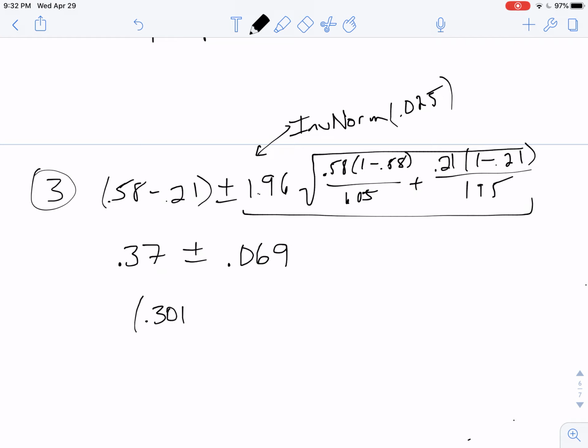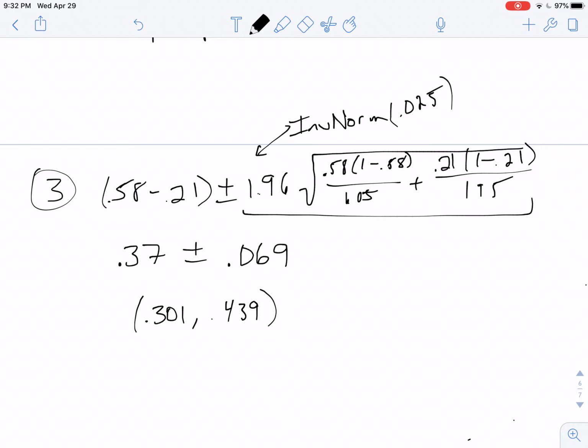If I subtract, I get 0.301, and if I add, I get 0.439. So that's going to be my confidence interval. That would be my estimate for the difference in those two population parameters. So right around 30% up to about 44% would be that difference.